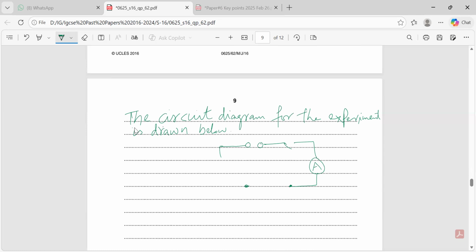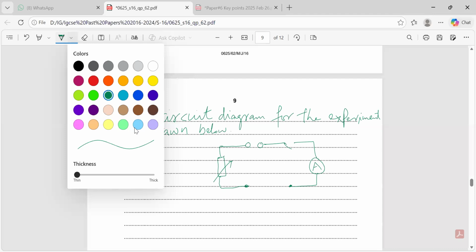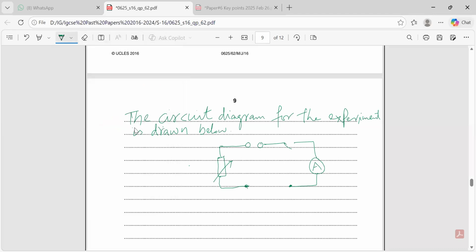And on this side, to control the size of the current, you should add one variable resistor as part of the diagram. Then connect it over here. But one thing is still missing. What is that? We need to put the voltmeter, which is always across the component.